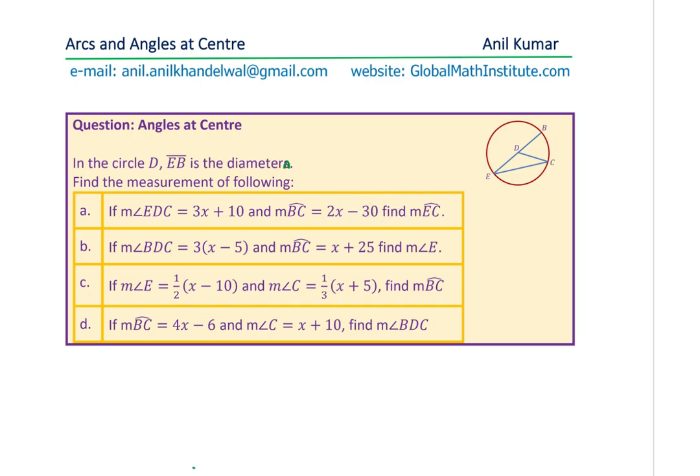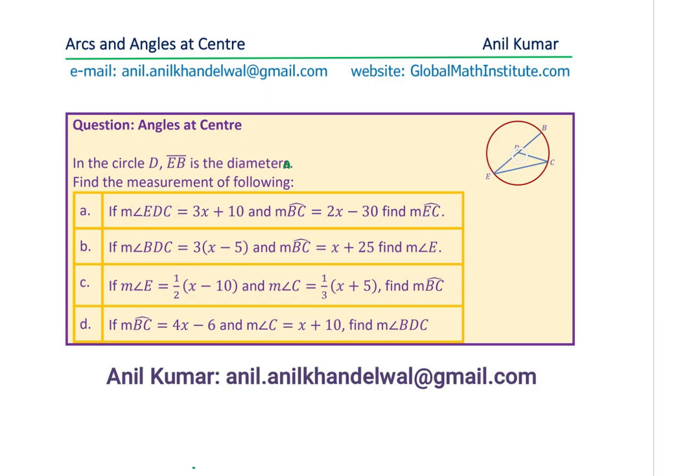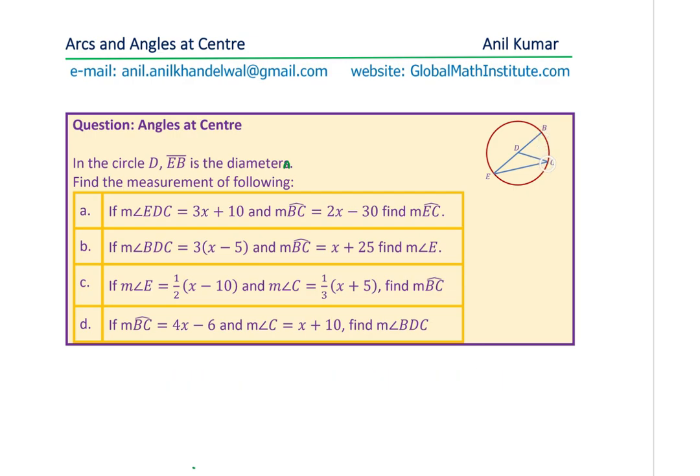Now we are given different conditions. A: if measurement of angle EDC equals 3x plus 10 and measurement of arc BC is 2x minus 10, find the measurement of arc EC. So EDC is this central angle, and the arc BC is given to you, which is right there, then you have to find the arc EC.